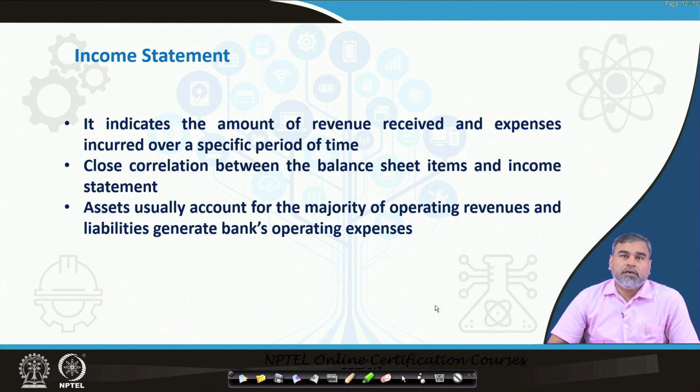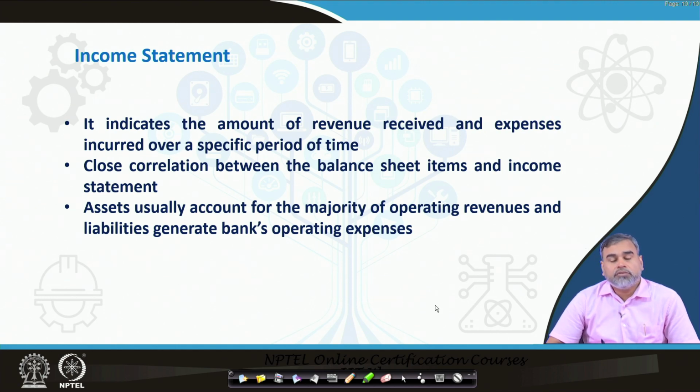Then we will come to the income statement. Already I told you that the income statement shows the amount of revenue received and expenses incurred over a period of time. The balance sheet was showing the financial position at a particular point in time, but the income statement shows the position of the company over a period of time.